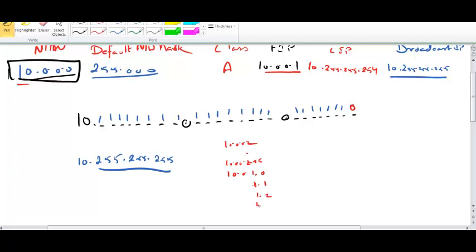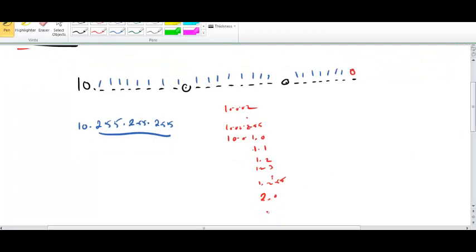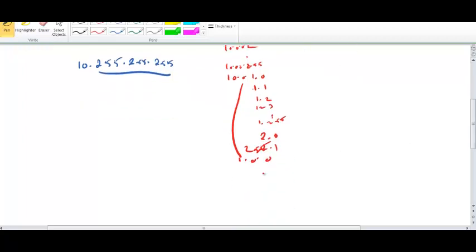It will go like this, and then at last it will reach 1.255. Afterwards, it will become 2.0, 2.1. You understand? At one point of time, this will become 255. And then here, this will become 1.0.0, 1.0.1, 1.0.2.